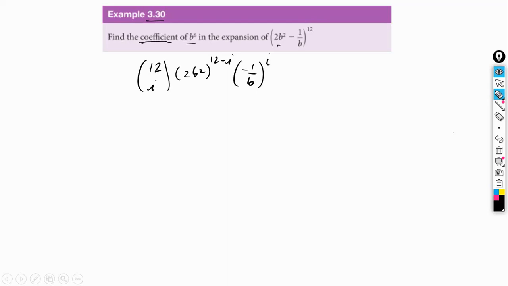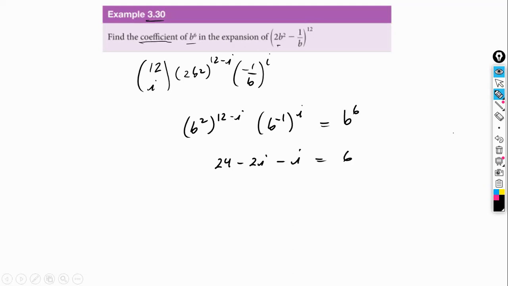So we have to consider the case for b, and b needs to be to the power of 6. So let's just focus on b, on the variable. So we could rewrite this as b squared to the power of 12 minus i, and let's write this as b to the minus 1 to the power of i. So this has to equal b to the 6. So I would say, okay, 24 minus 2i minus i, when is this going to equal 6?